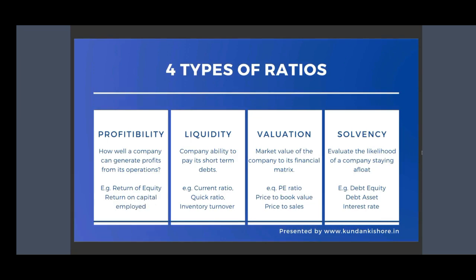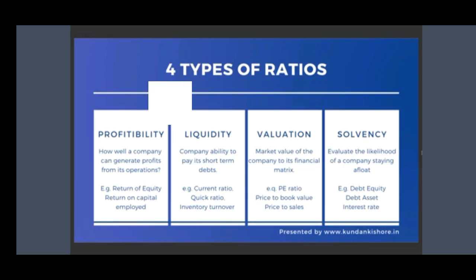No. What we need to check is the percentage form: what is the rate of profitability, how much capital was employed to make this profitability, how much equity capital was there to generate this profitability. I've given you two examples here also, return on equity and return on capital employed. We will cover these in detail in the next two classes. But one thing you always have to remember is the profitability ratio.